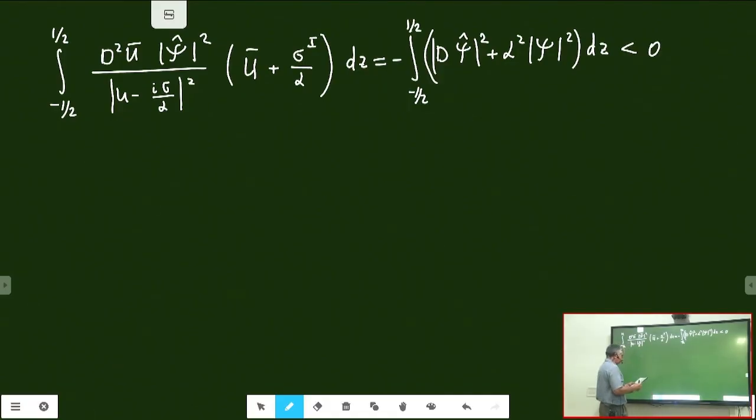In order for this whole thing to produce a negative quantity, what should I require? Which parts of this integral can actually be made negative so that the integral also becomes negative?